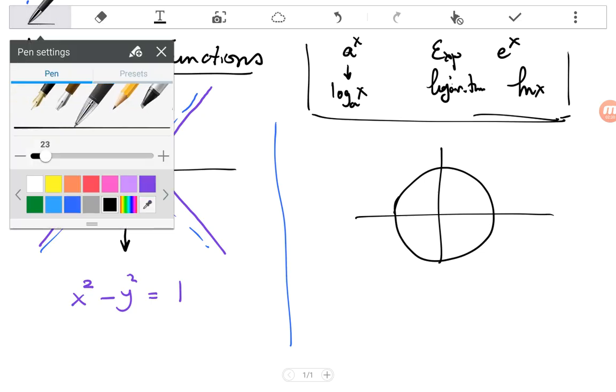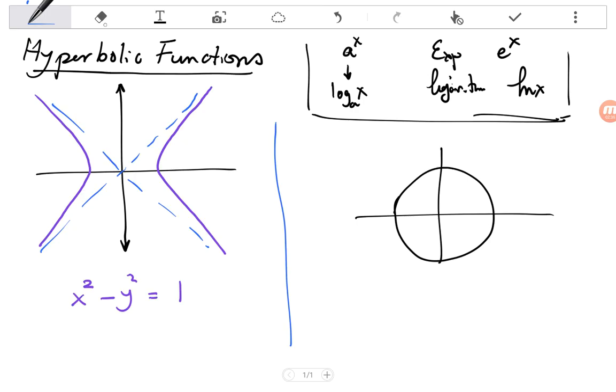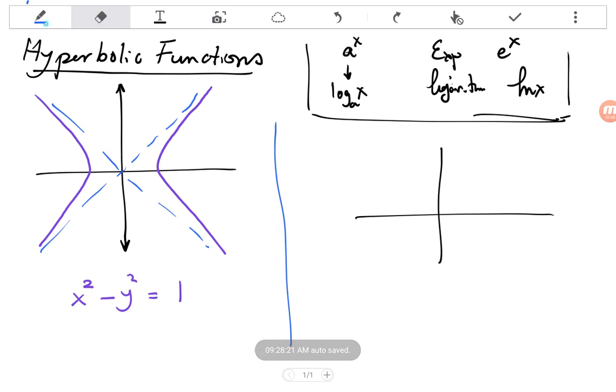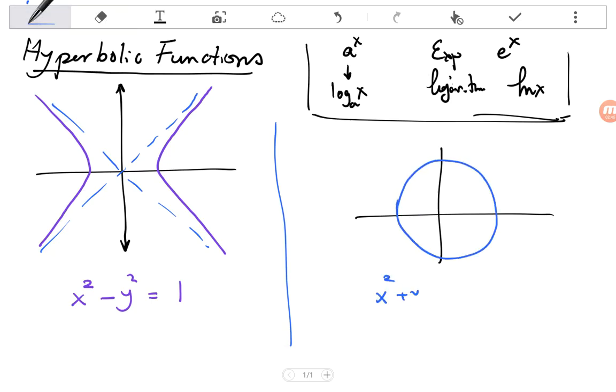The unit circle had an equation x squared plus y squared equals 1. So that equation is much like the equation of the unit circle. This is called the unit hyperbola. Okay, this is the unit circle.